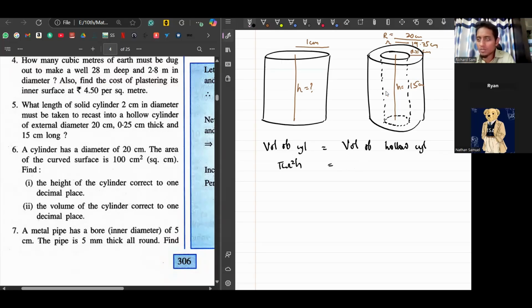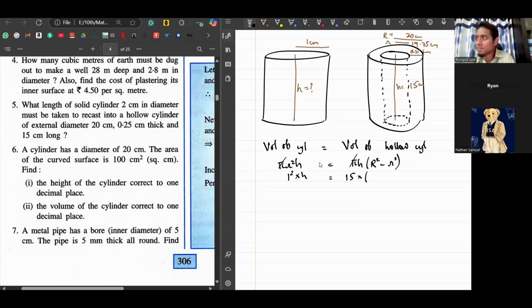It's pi h into R square minus r square. Then you put all the values. See, pi we can cut off here itself, so then we don't have to put that. So 1 square into h is equal to 15.